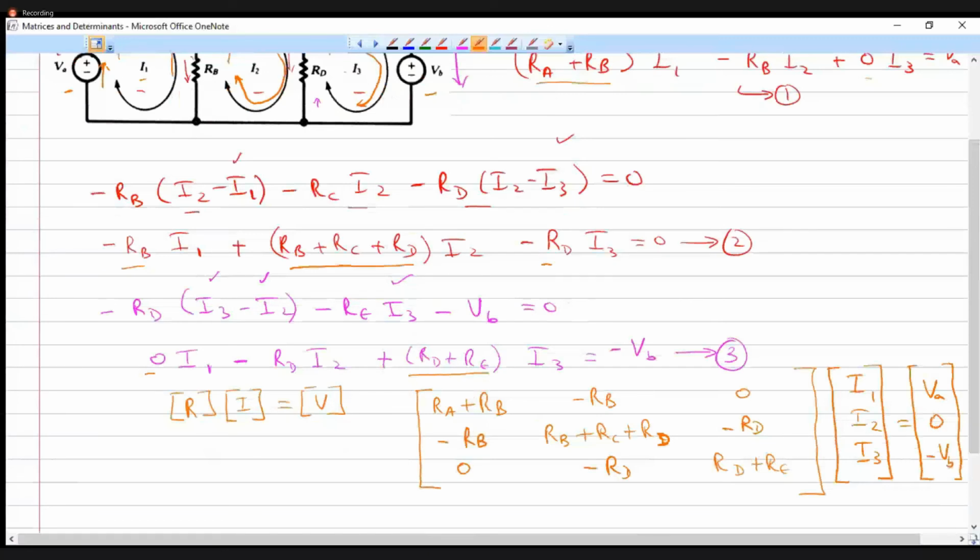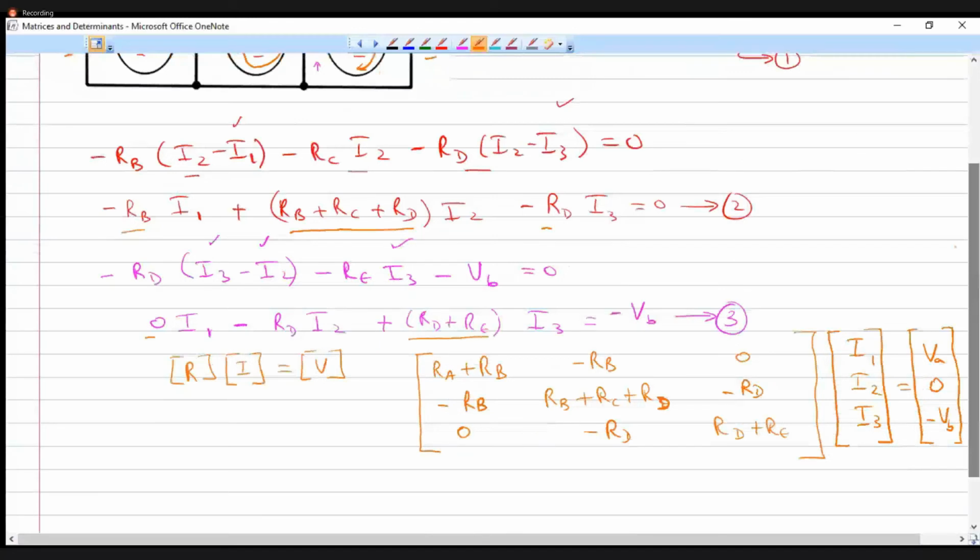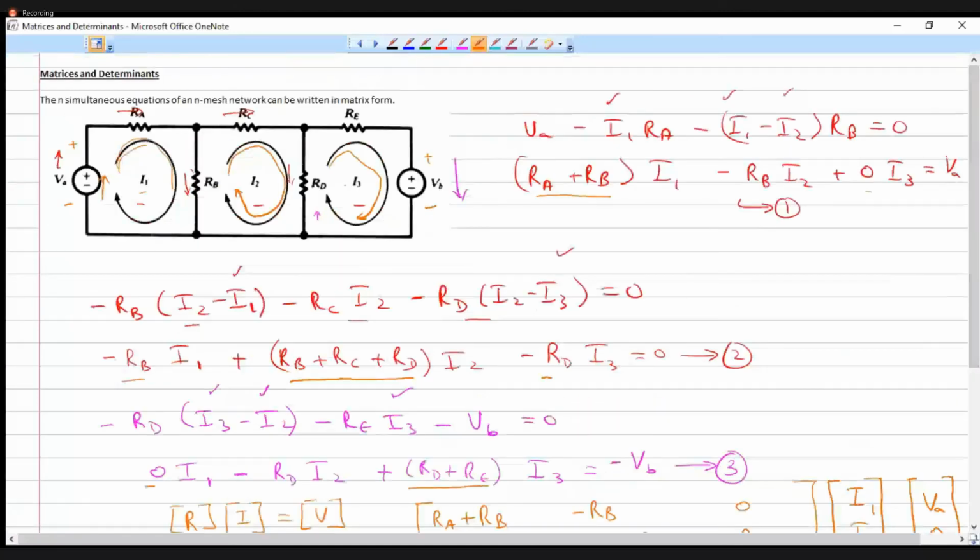So this is the matrix method of representing our mesh voltage equations. What I have done is I have drawn the mesh currents for all the three meshes. I1, I2, and I3 are the mesh currents or loop currents. Then I have applied Kirchhoff's voltage rule to write all the voltage drops and equated to 0.